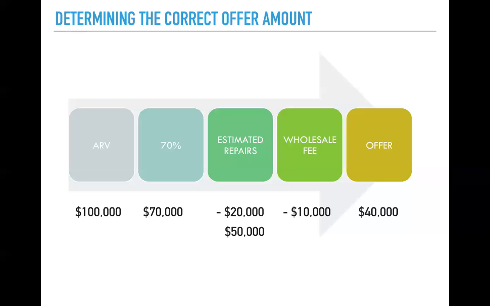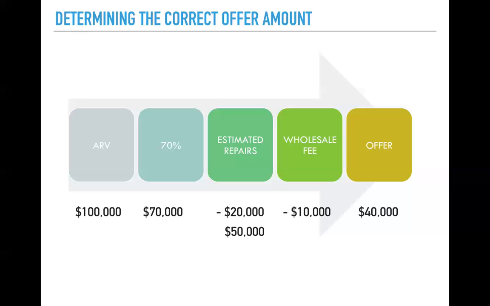So if the list price is, let's say, $50K because it needs some work, and we know that we have to offer $40K to get that $10,000 wholesale fee, it's really important that we know that every dollar that we negotiate down from that $50,000 is our wholesale fee.